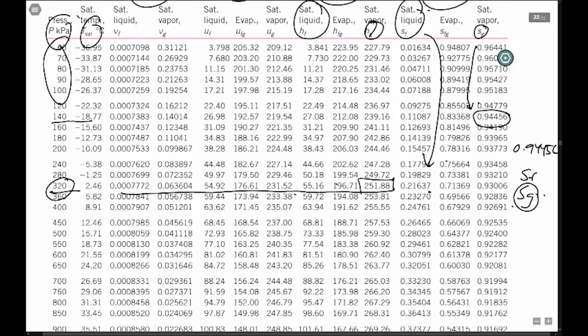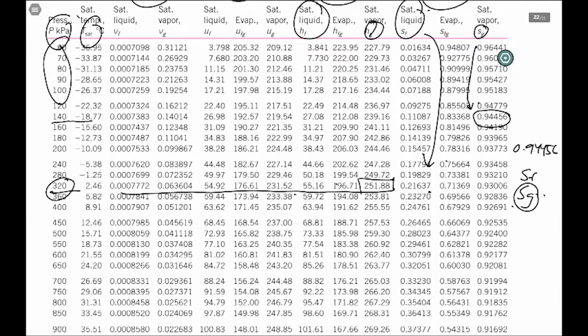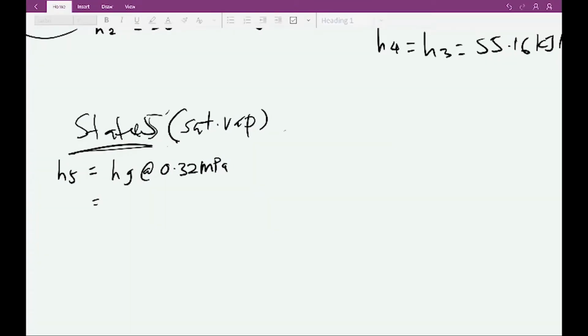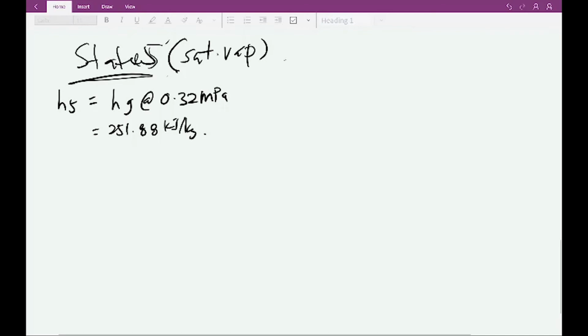Your Hg should equal 251.88 kilojoule per kilogram. Okay, very easy.